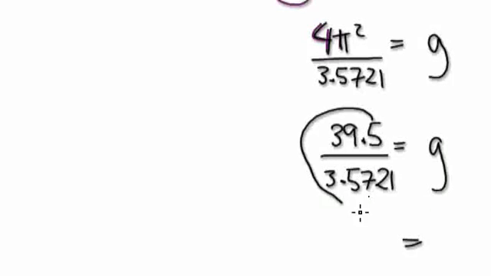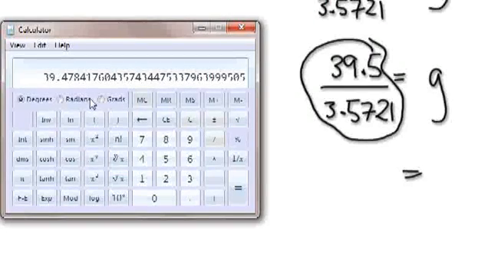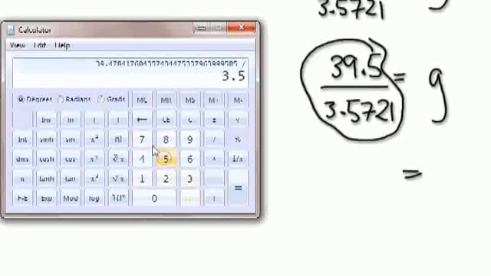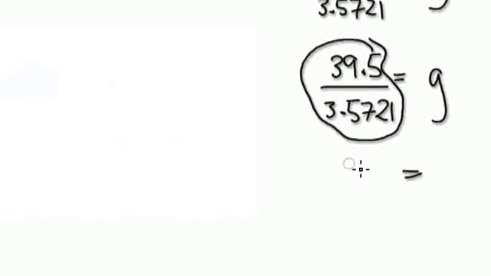Now we can work this out. So it will be that divided by 3.5721 equals. So gravity of Neptune would be around about 11.